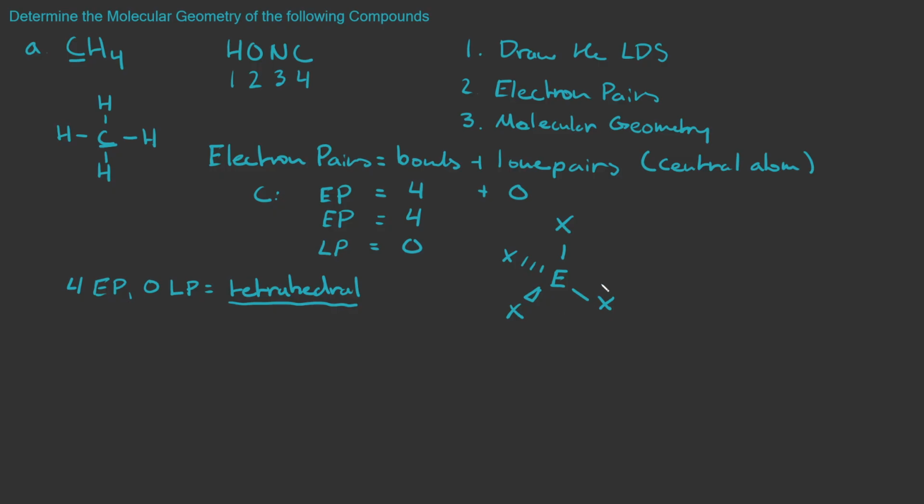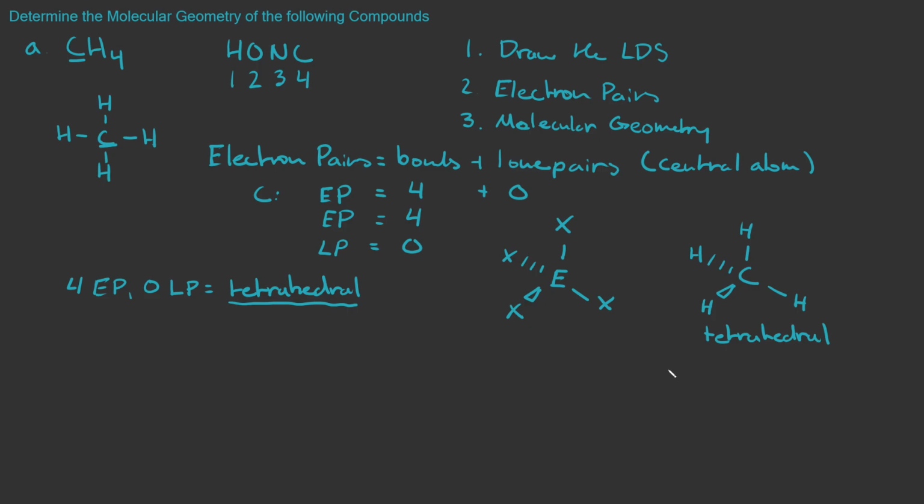Instead of an E in the center, we have a carbon, and instead of X's all around it on the outside, we have H's. So we just recreate this with H's on the outside, and this is a tetrahedral molecular geometry.